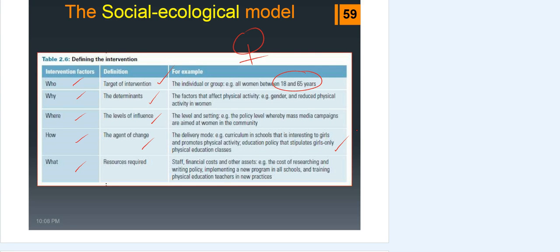I actually find that interesting considering that the target group in this example is 18 to 65, because if we're using school as the delivery mode, I'm not sure how many of this population will get. Might get some 18-year-olds, but I'm not sure about the remainder. Resources required: staff, financial costs, other assets, so cost of researching, writing policy, implementing new programs in schools, training of PE teachers, etc.